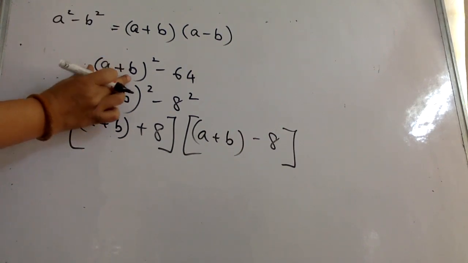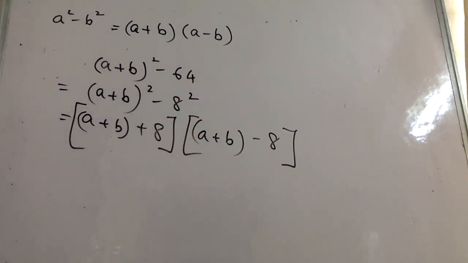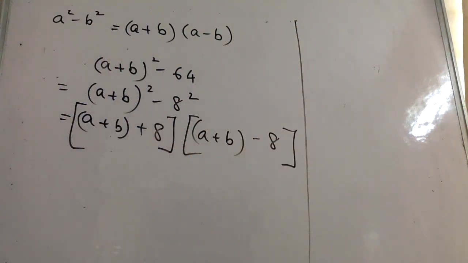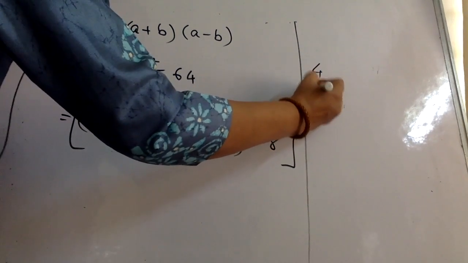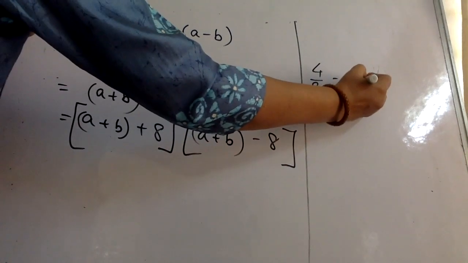So this is a square minus b square. I wrote it in the form a square minus b square. Let's take up another question. A little bit of fractions is there. Now what is this sum? This is 4 by 81 minus 25x square.